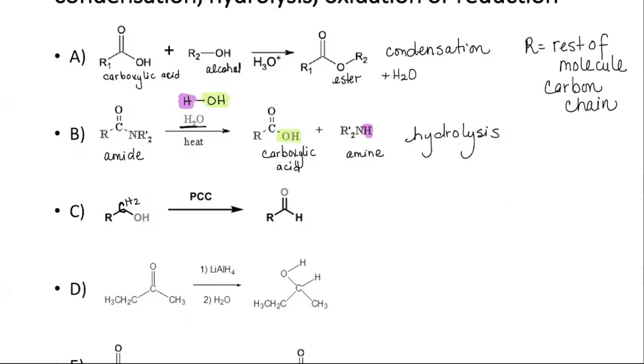So if I have a carbon chain bonded to a carbon that is holding the OH, that is a primary alcohol. And this primary alcohol went to forming an aldehyde.